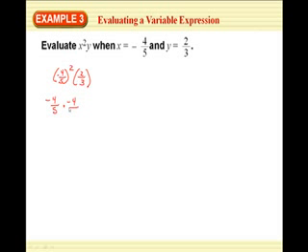So that's -4/5 times -4/5. 2 negatives make a positive. That's going to be 16 over 25. Then I have to times it by the 2/3, and I can't cancel anything. So it's going to be 32 over 75. And then we're done.